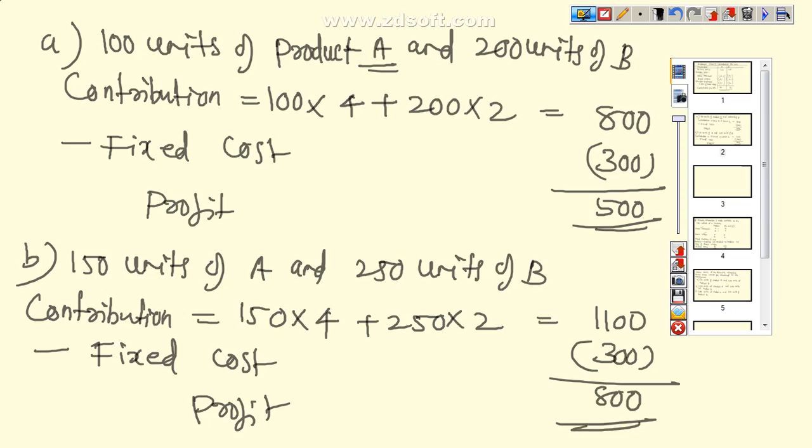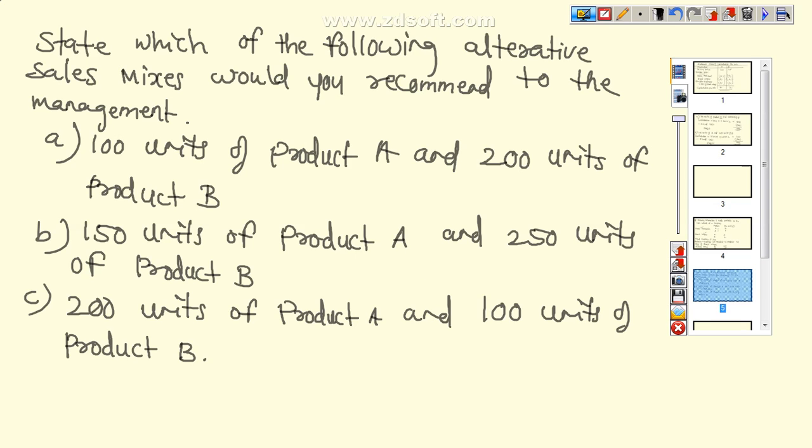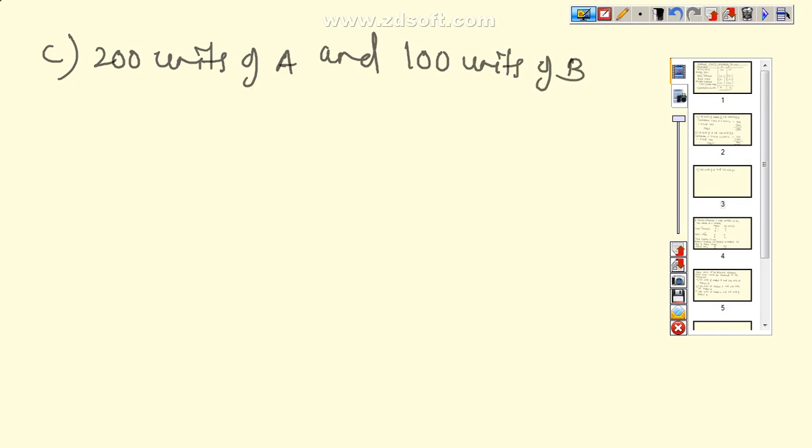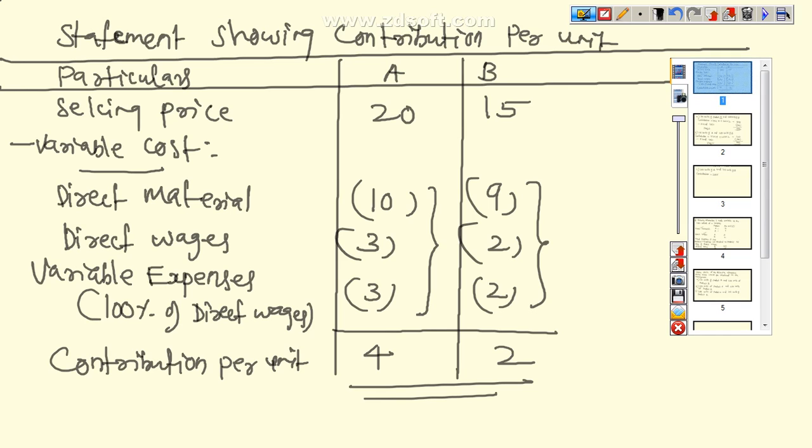And next, sales mix 3, 200 units of product A and 100 units of product B. So we write it here 200 units of A and 100 units of B. So contribution is equal to 200 multiplied by per unit contribution A which is equal to 4 and B which is equal to 2.